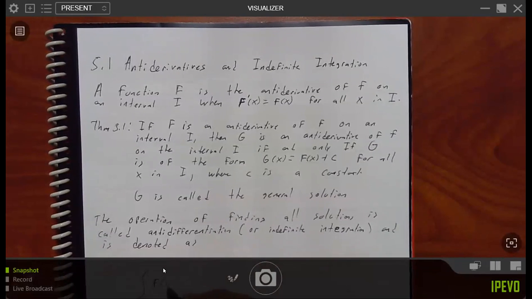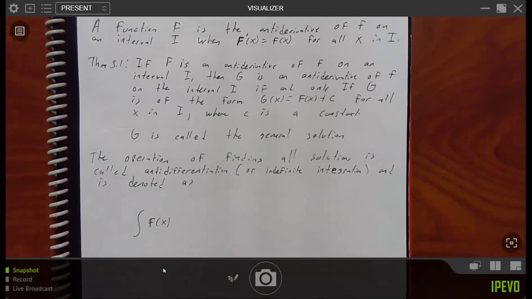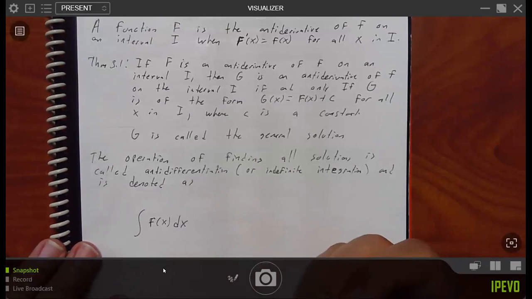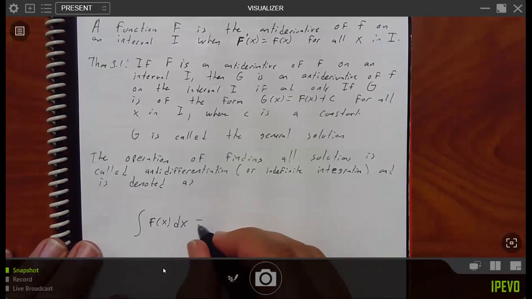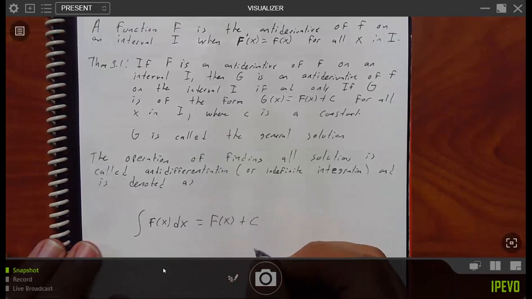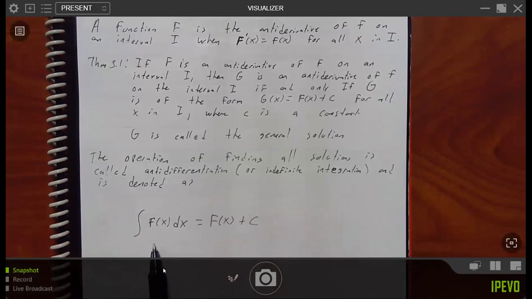This little weird S thing is the integral symbol. Then you have to integrate with respect to a specific variable, so dx, that will equal capital F of x plus c. So this is the general solution, G.